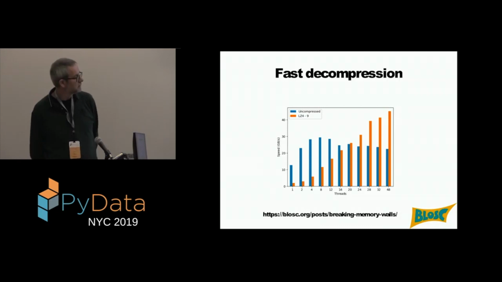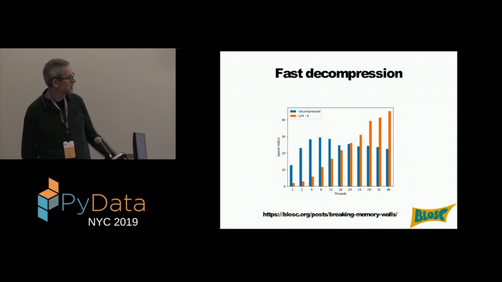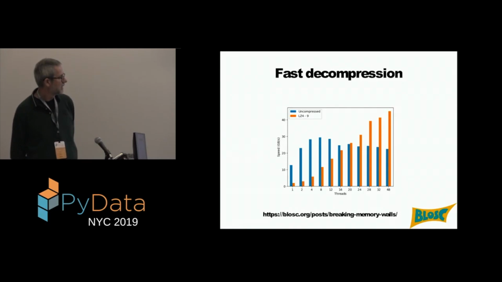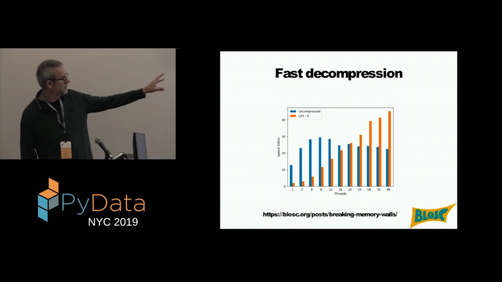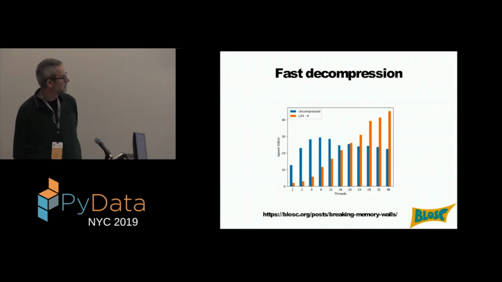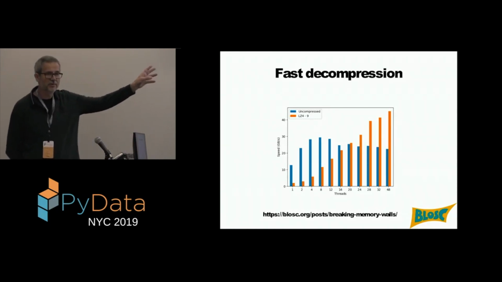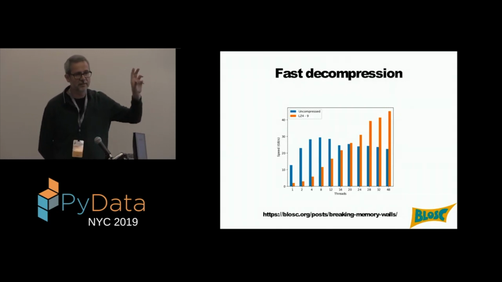One nice way to see how Blosc can accelerate computations is this plot, which is described in a blog post that I encourage you to read. In this case, we are computing the accumulation of precipitation in some part of Europe.